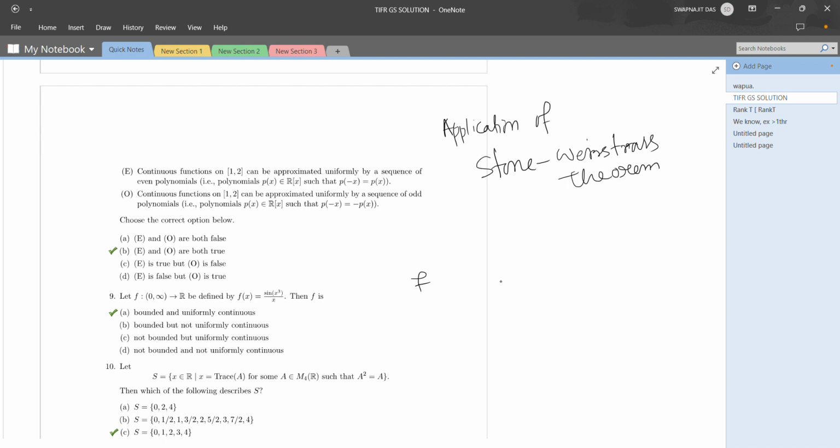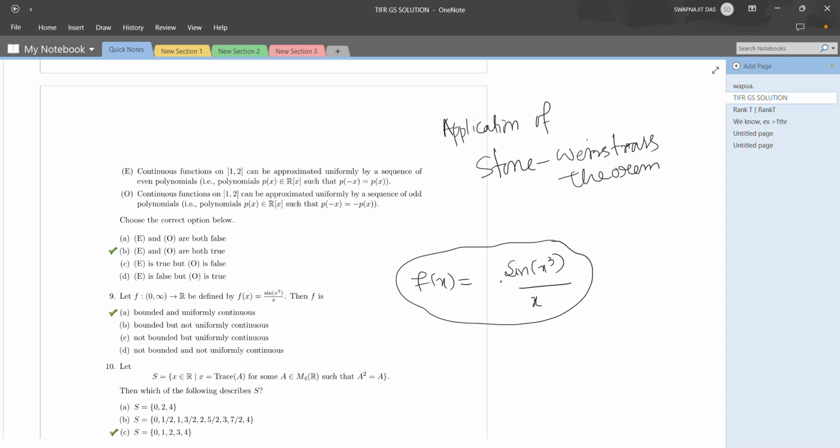Okay, this one is also an easy one. So f of x equals sin x cube by x. So this problem is for you.